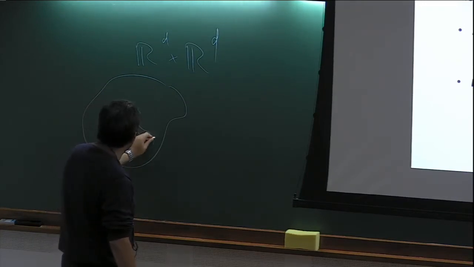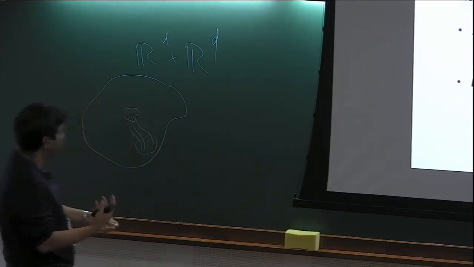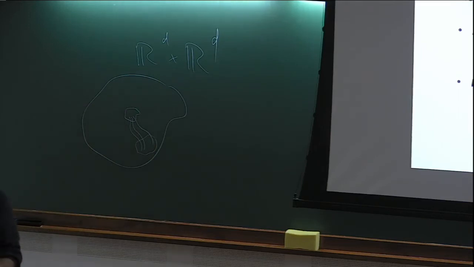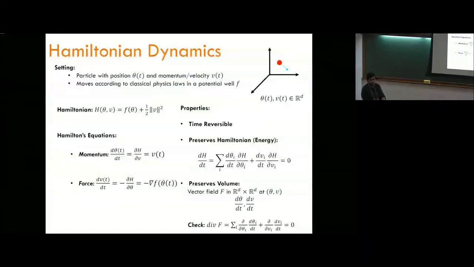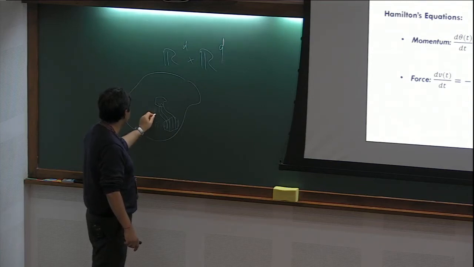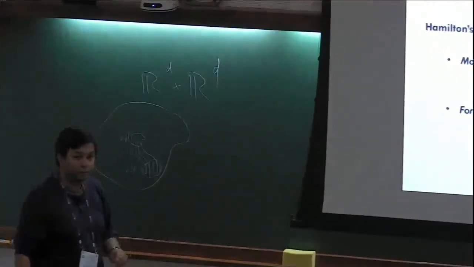Okay? So at the end of it, you will get a different set, which is again a volume element. Trajectories are not colliding, so it's time reversible. So you will get a volume element. If you start with a non-zero volume, you will get a non-zero volume here. That property says that the volume is preserved. So the volume of this is equal to the volume of this.